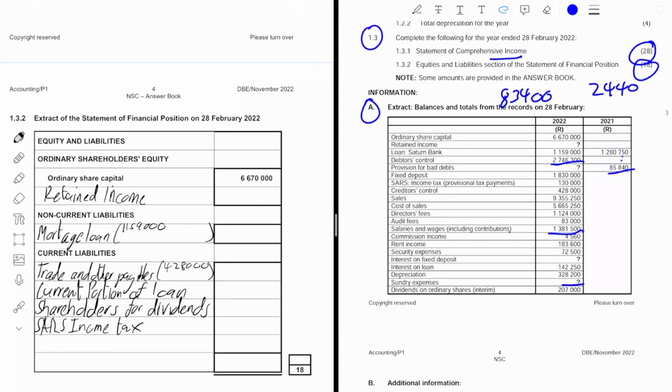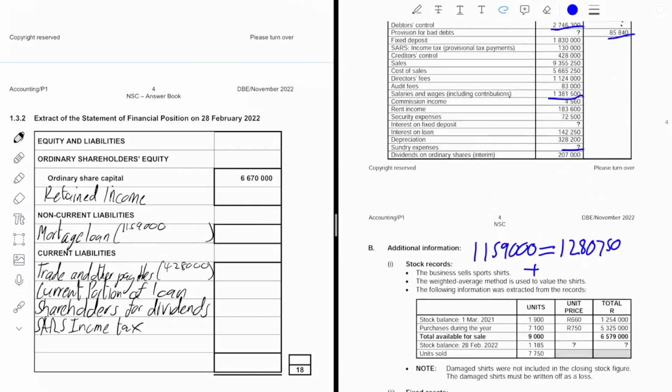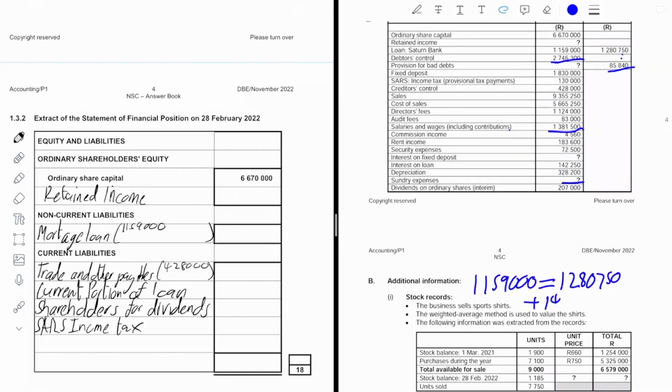So my closing balance of 1,159,000 is equal to my opening balance of 1,280,750 plus my interest of 142,250 minus my installments.